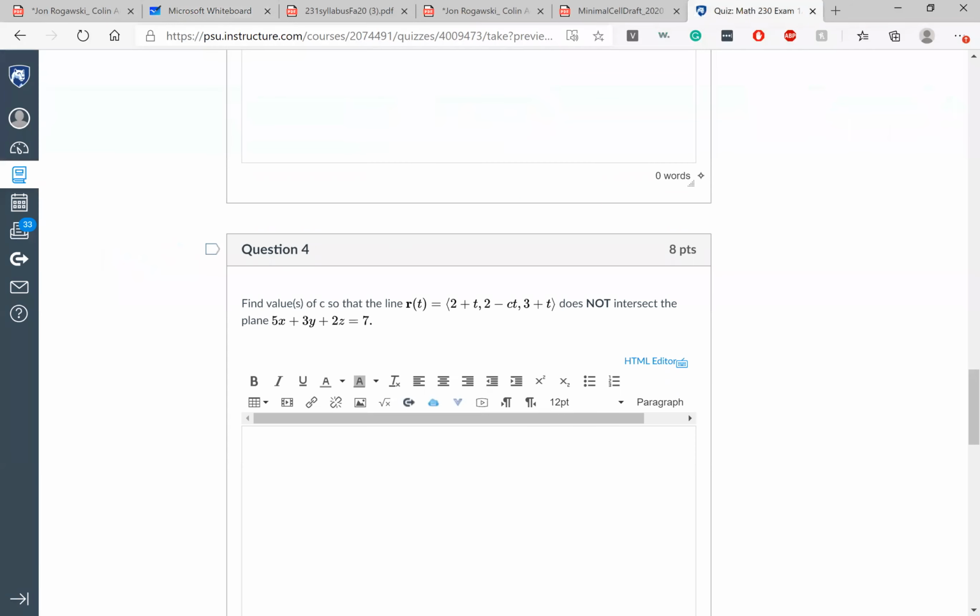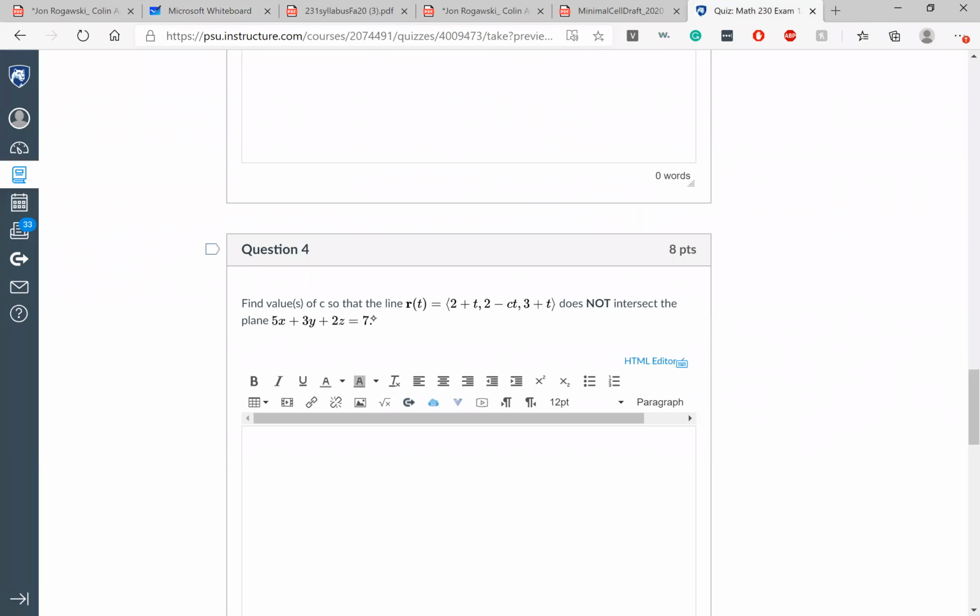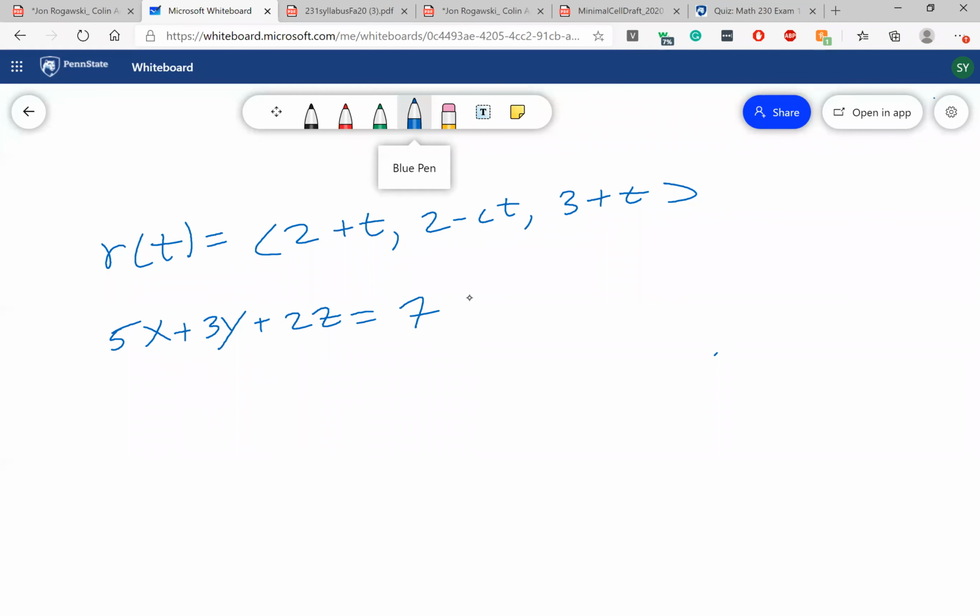And then the plane is 5x plus 3y plus 2z is equal to 7. Okay, any ideas? They want us to find a c so that this line and this plane do not intersect. So any ideas of how we can do that?